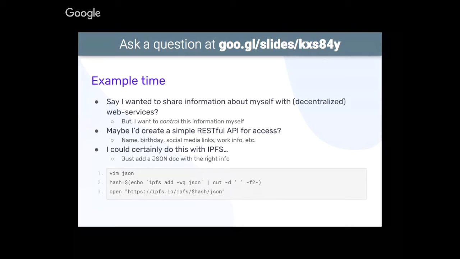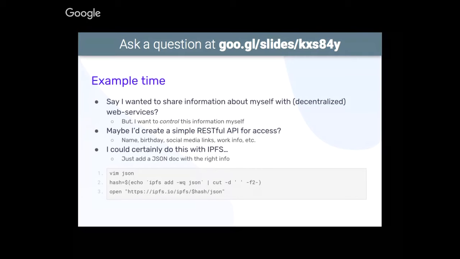To share this information programmatically, maybe if I was a developer, I'd create some sort of simple RESTful API for services to access. Or maybe I'm a service that provides a way for people to share information about them. So I'd probably include things like name, birthday, social media links, work information, etc. And then I'd probably serve it up as a JSON structure.